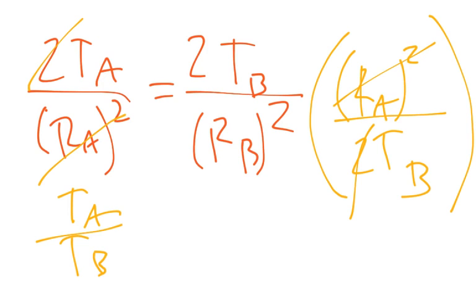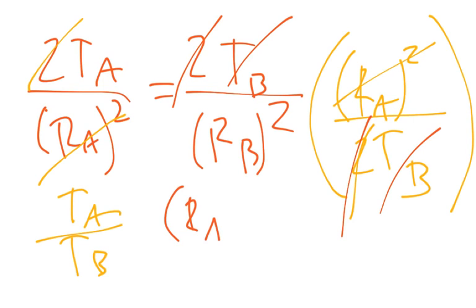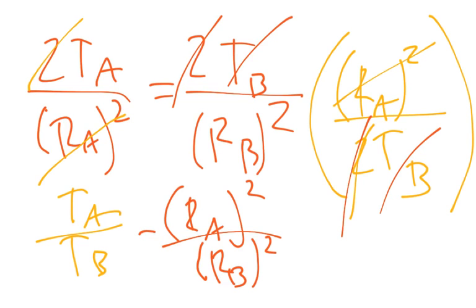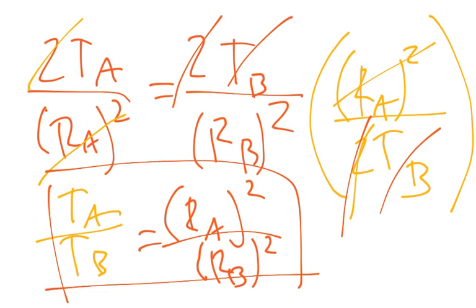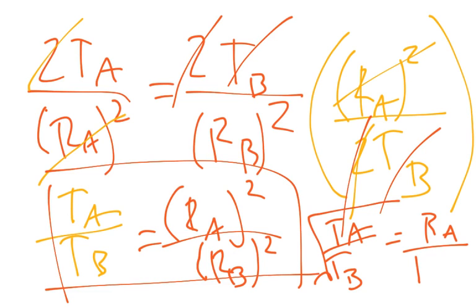Now, what happens on the right-hand side? Our 2's will cancel out once again, and this time our TB's will cancel out, so we're left with RA squared over RB squared. This is the relationship between TA, RA, and TB and RB. Now we can go even further to say that the square root of TA over TB is equal to RA over RB.